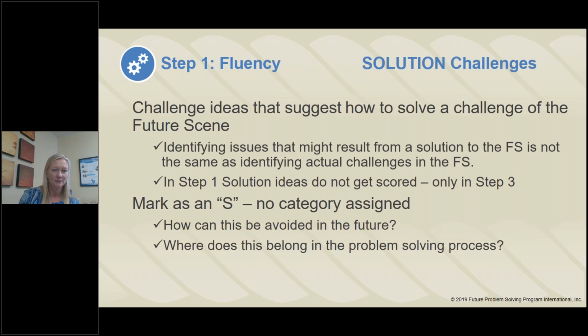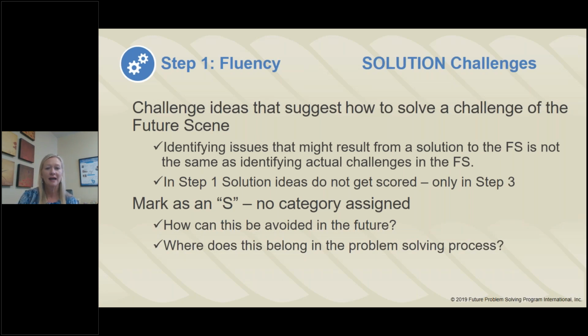If we go back to that example with animals becoming extinct and causing gaps in the food chain, they might write, because animals are becoming extinct, we're going to create a regeneration process in zoos. They've actually solved the challenge rather than stating it as a challenge. They would be marked with an S. Again, no category would be assigned.